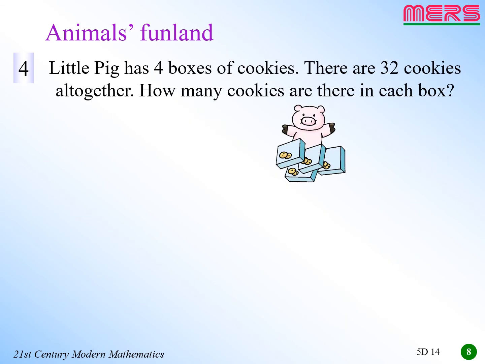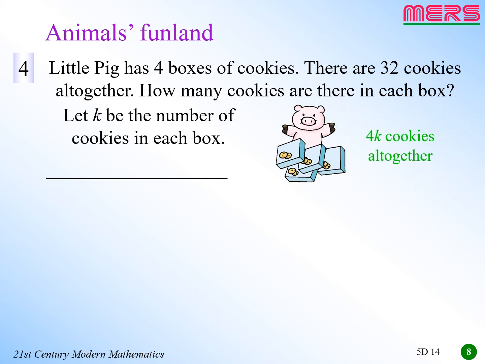And then number 4. Little Pig has 4 boxes of cookies. There are 32 cookies altogether. How many cookies are there in each box? So here we are going to find the number of cookies in each box. So we can let K be the number of cookies in each box.